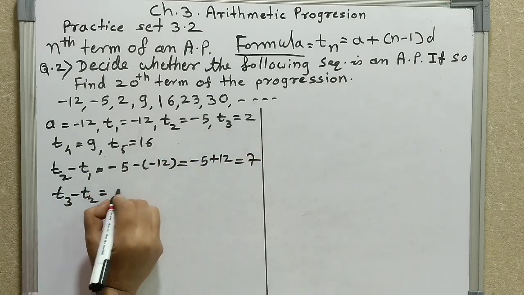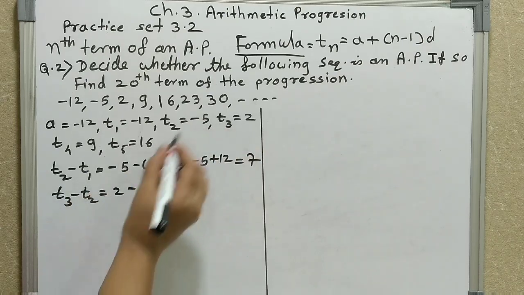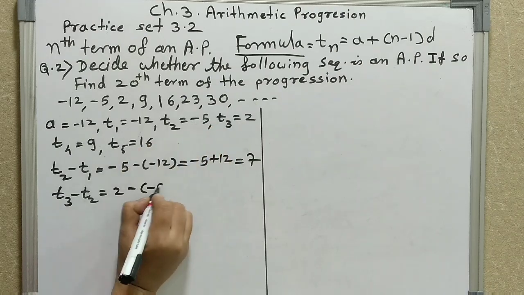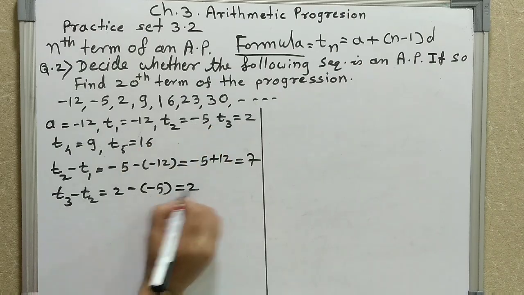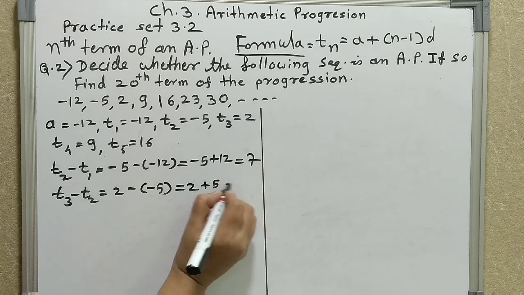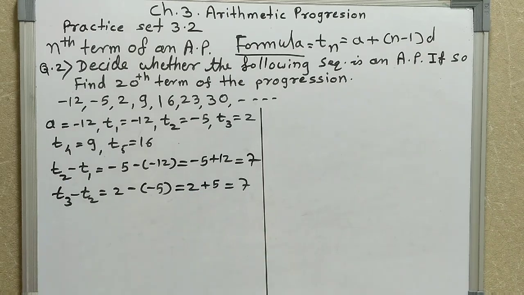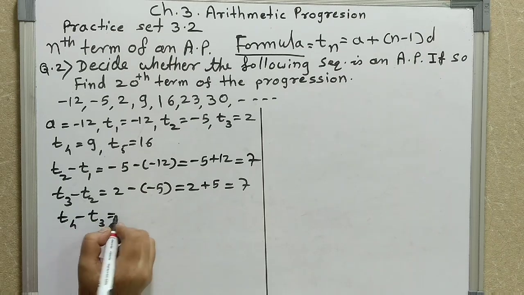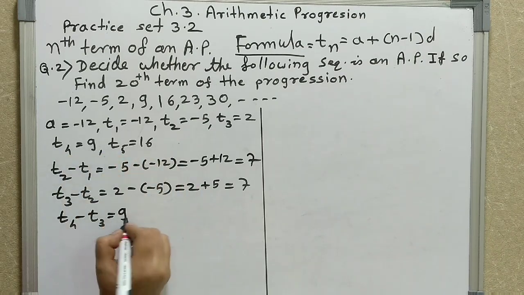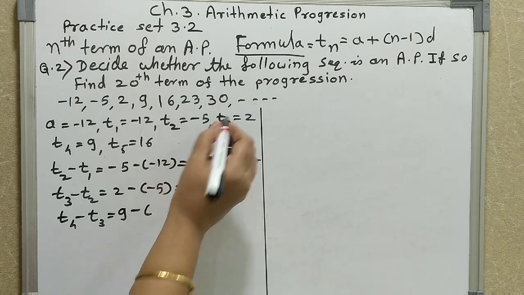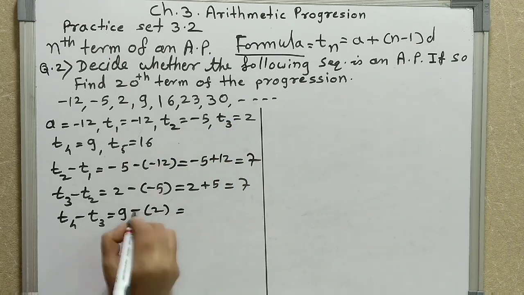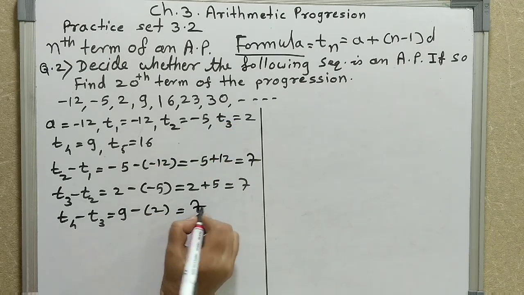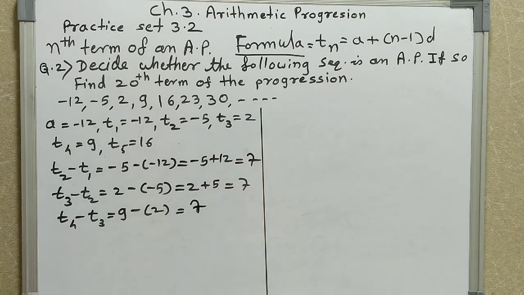What is T3? 2. 2 minus minus 5, so 2 plus 5, the answer is 7. Now T4 minus T3 is equal to 9 minus 2, so 7. So this difference becomes a constant.